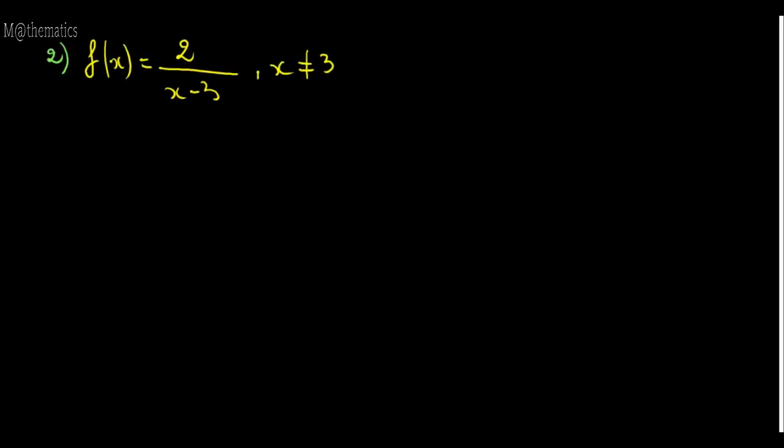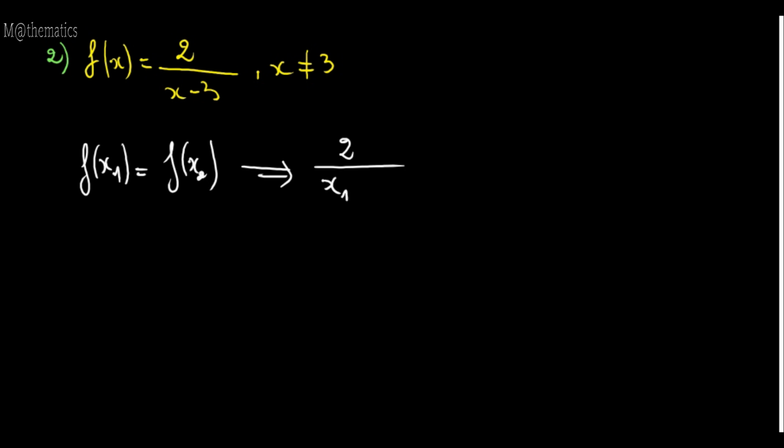Let's solve another example. f of x is equal to 2 over x minus 3, where x is not equal to 3. Let's assume f of x1 is equal to f of x2. That implies 2 over x1 minus 3 is equal to 2 over x2 minus 3.